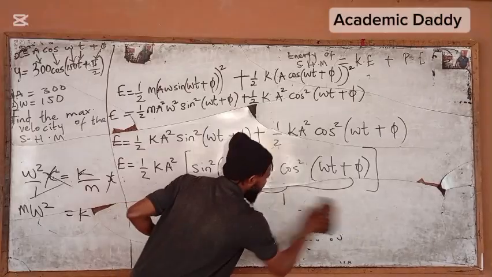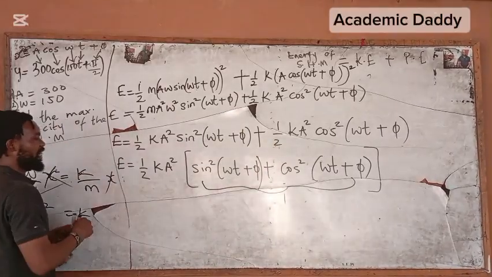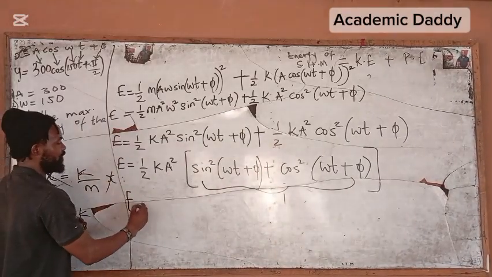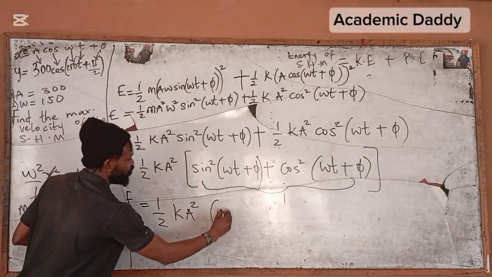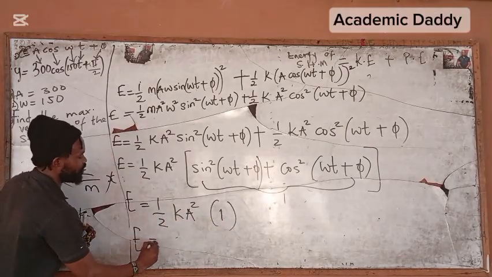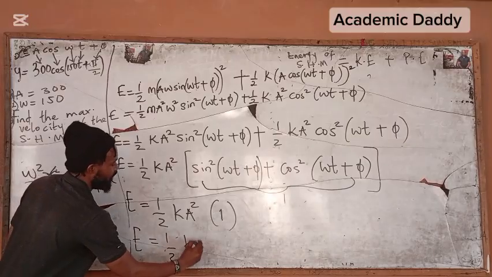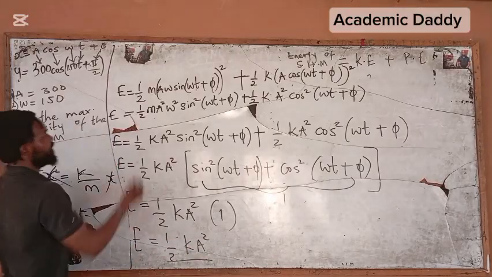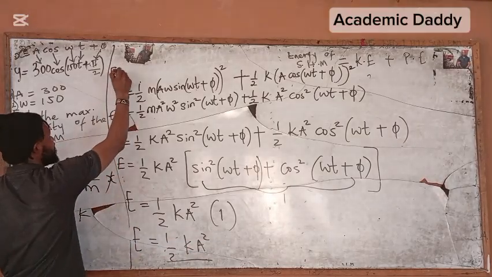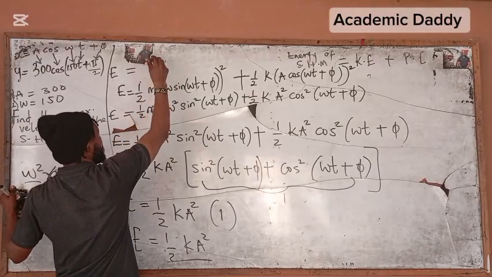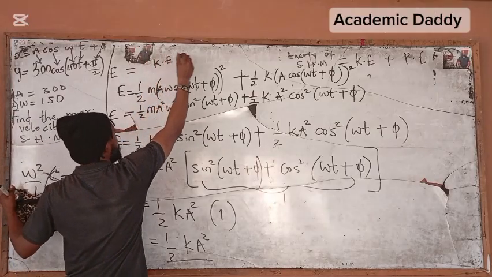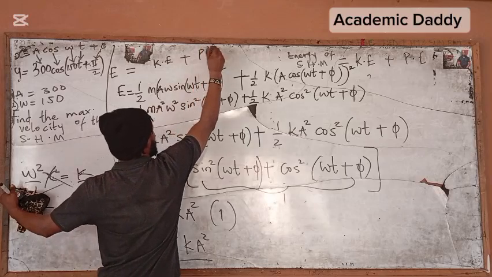So everything I have here is simply the same thing as saying E is equal to half Ka squared times 1. So E is equal to half Ka squared. Alright, I can go back to where I said E is equal to Ke plus Pe. Do you still remember?